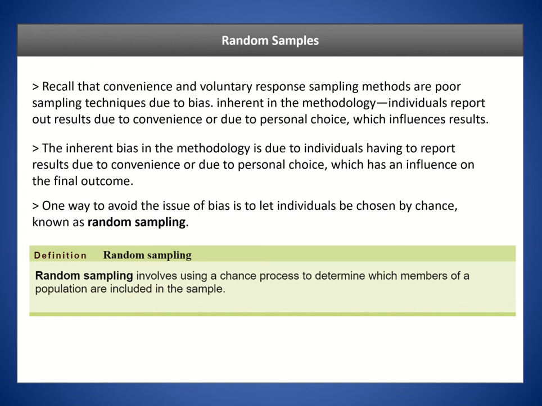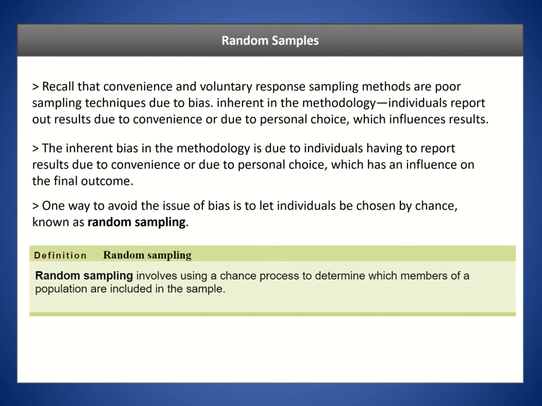Lottery method, hat method. Each name is on a slip of paper. You put those slips of paper in a hat, and then you randomly draw a name, right? And you do this 10 times, or however many times until you choose 10, 15, 20 people from the population. So there are various ways that you can randomize this, right?